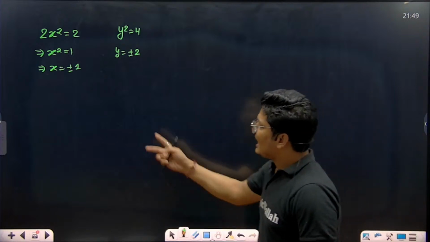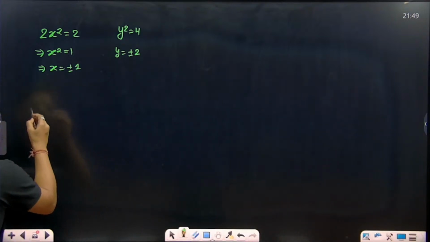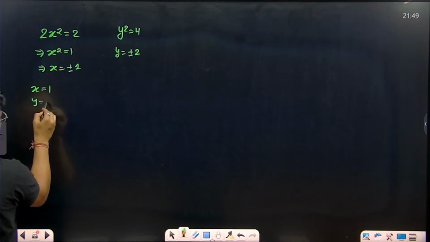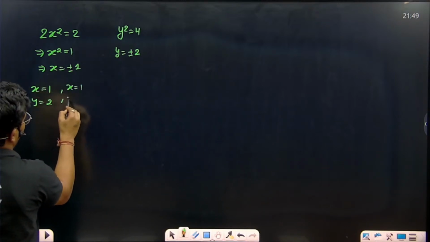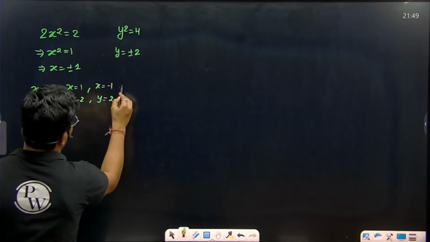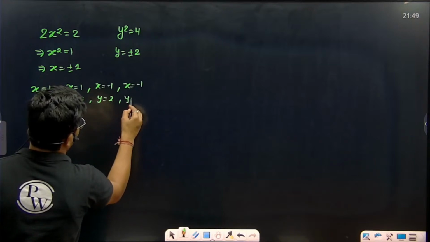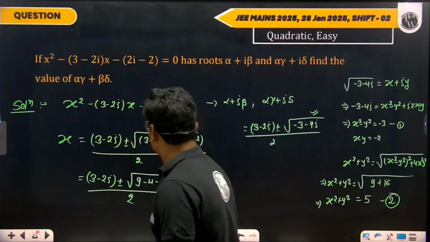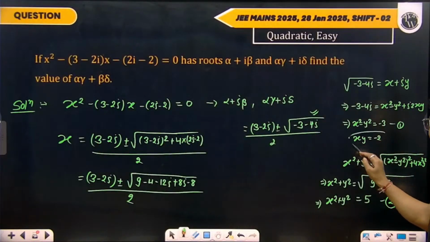And there are 4 pairs, which are x equals 1, y equals 2; x equals 1, y equals minus 2; x equals minus 1, y equals 2; and x equals minus 1, y equals minus 2. But here we have to find only those values which satisfy xy equals minus 2.